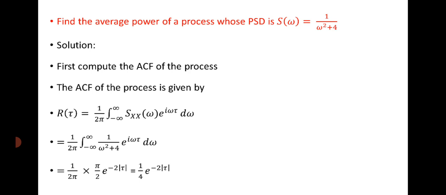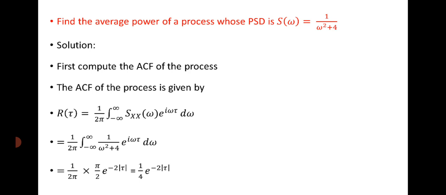Therefore, R_X(tau), the autocorrelation function, equal to 1 by 2 pi integral from minus infinity to infinity S_X(omega) into e power i omega tau into d omega. That is equal to 1 by 2 pi integral from minus infinity to infinity 1 by omega square plus 4 into e power i omega tau into d omega.